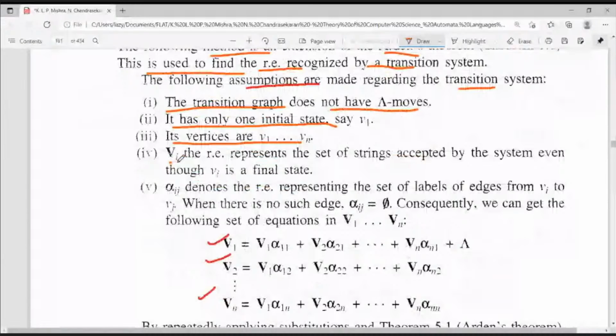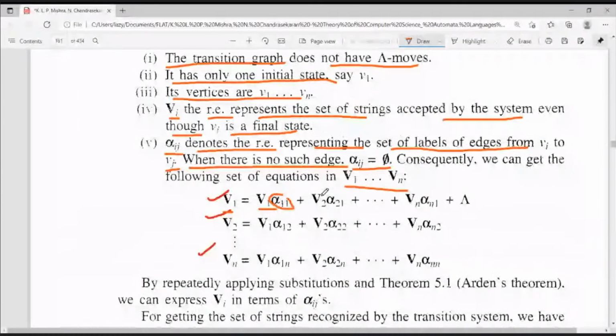Alpha ij denotes the regular expression representing the set of labels of edges from Vi to Vj. When there is no such edge, then alpha ij is equal to null. So we can get the following set of equations for V1 to Vn. This alpha 1 is nothing but your edge label. Likewise we have alpha 2.